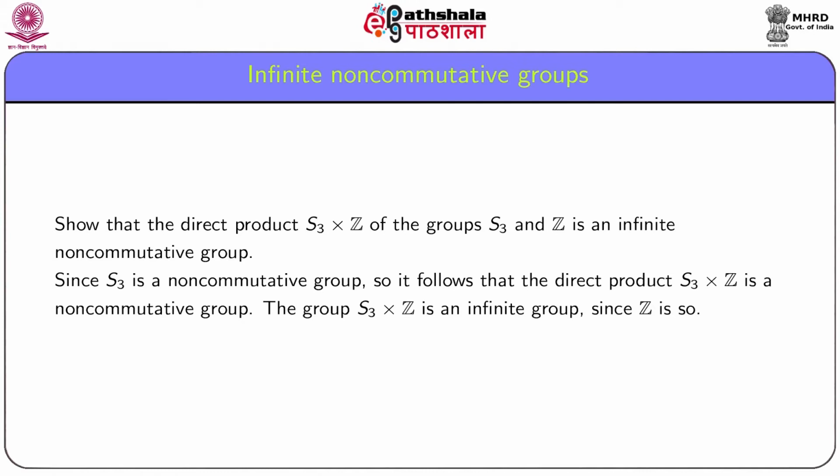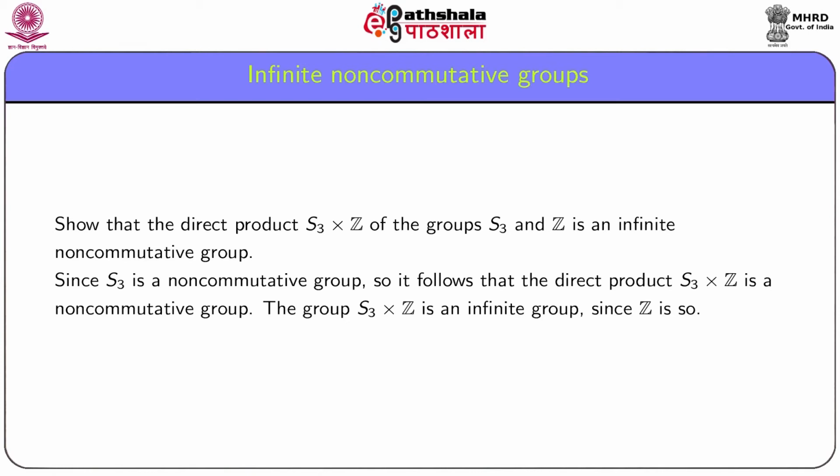Now, I will give an example of an infinite non-commutative group. If you are asked for an example of an infinite non-commutative group, then I think all of you will feel free to give the example GL2(R), that is, the group of all 2 by 2 real invertible matrices.